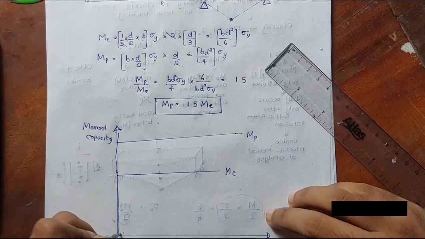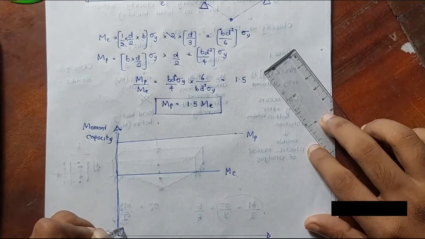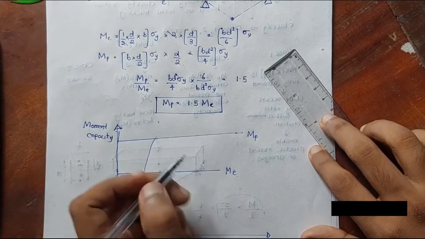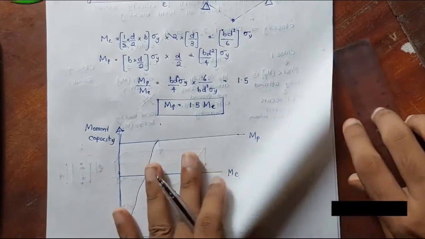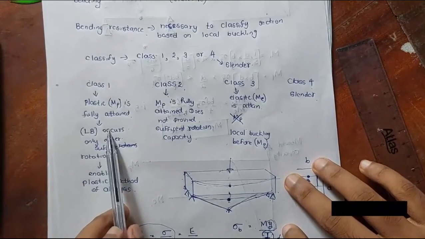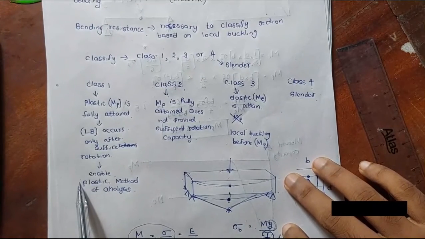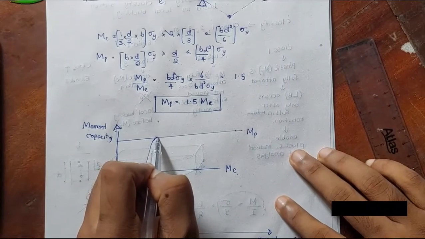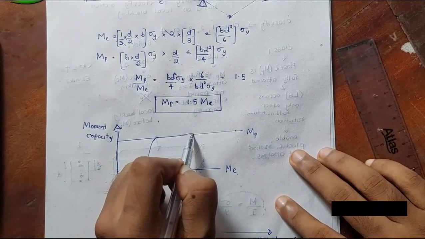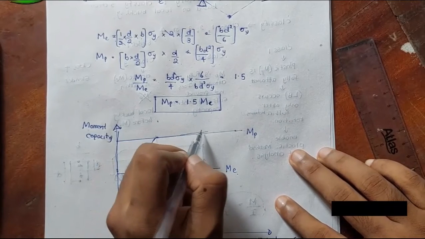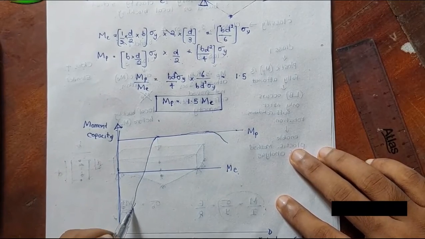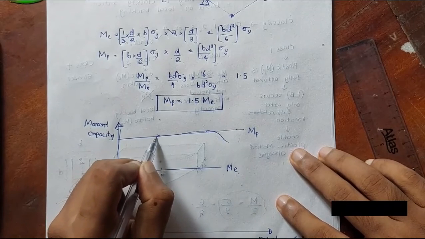Class 1 sections achieve the fully plastic moment and can undergo sufficient rotation, and then fail.